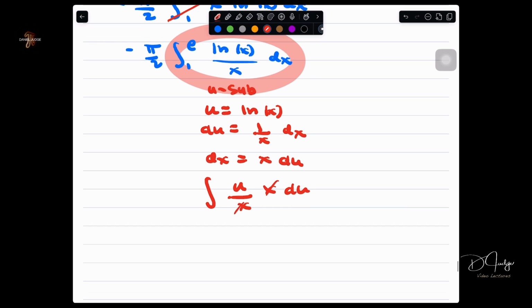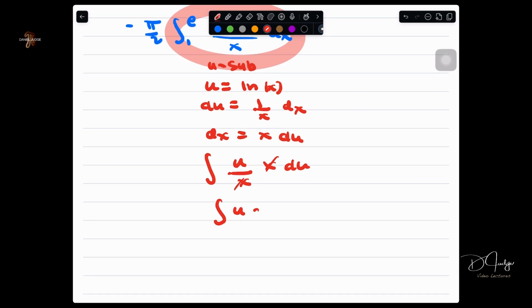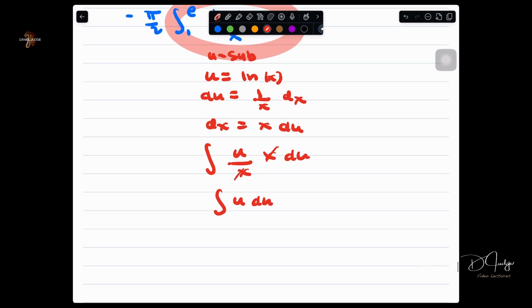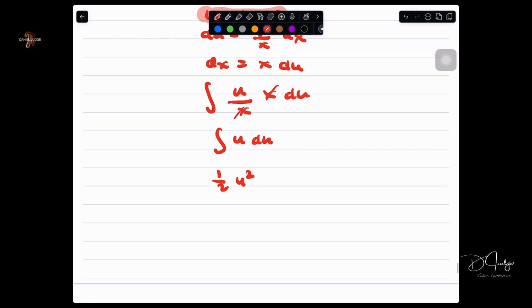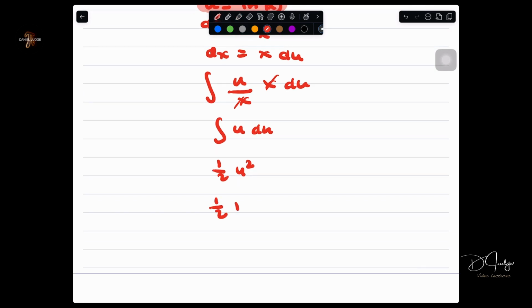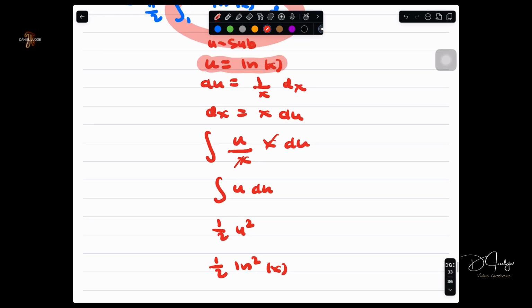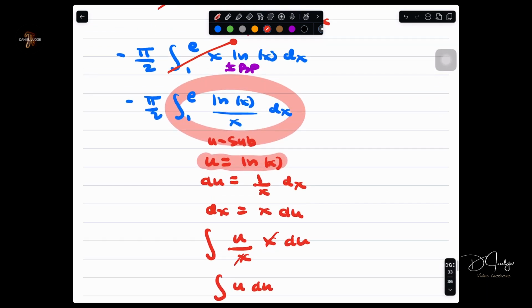Cancel these x's. Integrate u du, and then this one is 1/2 u squared. Don't forget, my u is natural log x. Okay, so that's 1/2 natural log squared x.